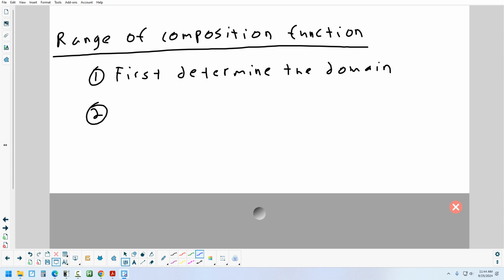If you don't know where to set your window, the calculator is not really going to help you. So find the domain first, and then next, we'll graph on the calculator. And we're going to look for how high and low it goes.